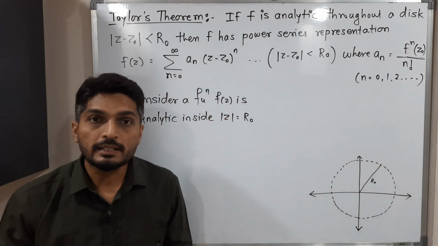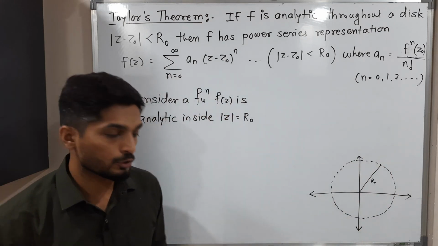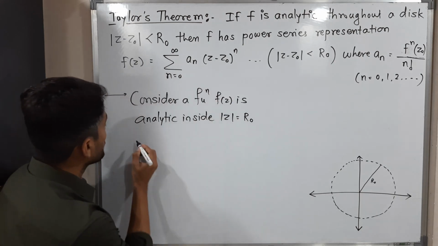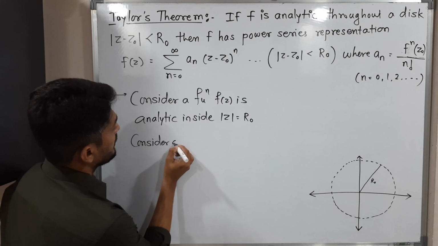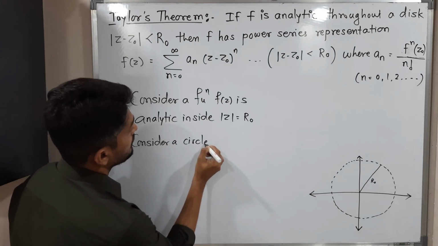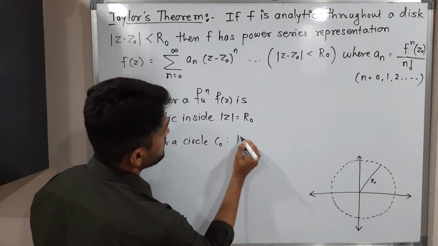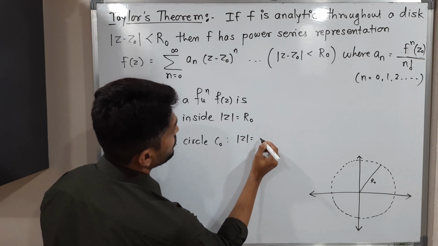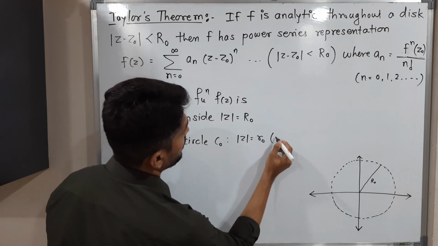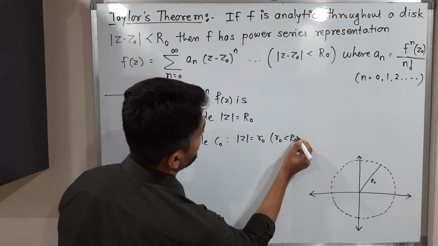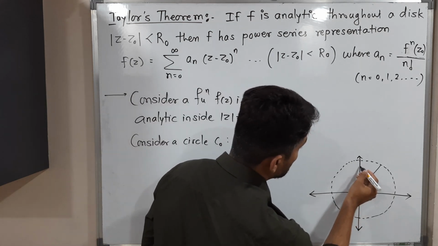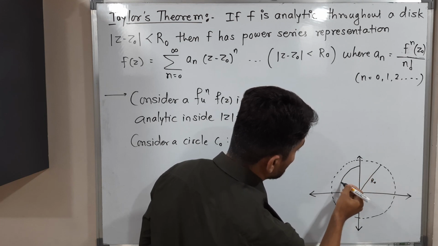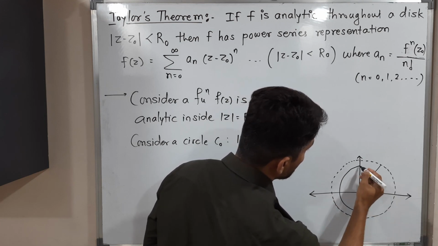So what we do, we will consider one more circle c naught. So let me write here, consider a circle c naught. That c naught is defined as mod z is equal to small r naught, where small r naught is less than capital R naught. So I am considering one more circle with center origin and radius small r naught.